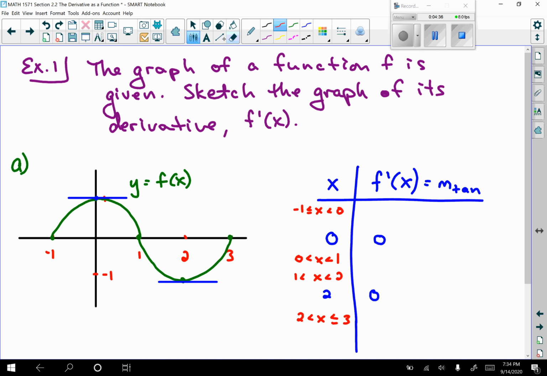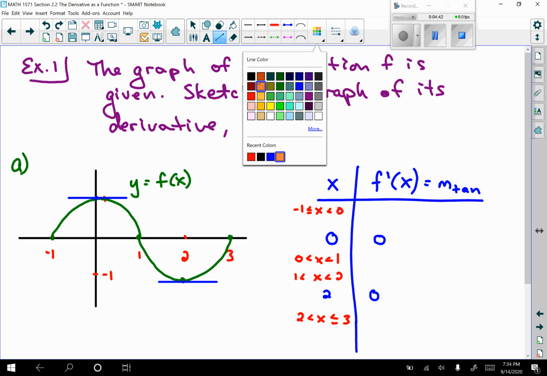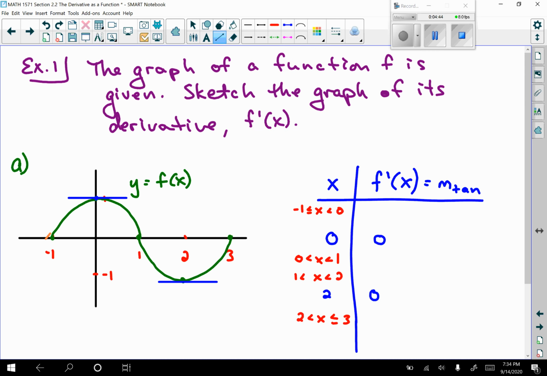So the way I'm going to describe this, let's go between -1 and 0, those x values. I'm going to use a different color here. Let's use orange. So if I were to draw a tangent line here, imagine that looks like maybe we're going up 1 over 1, so we could say the slope is a 1. And then if you notice, if we draw another one in here, or a series of them, all these slopes are positive, but they're getting less steep.